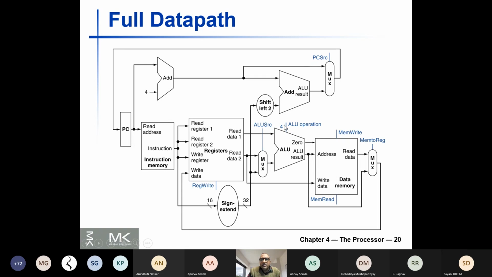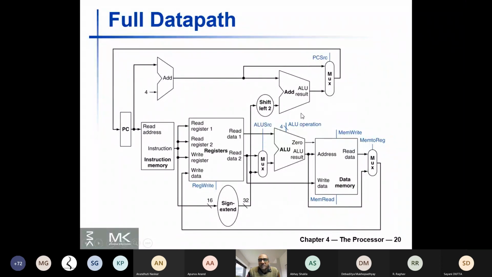Depending on the requirement, we use the ALU sometimes for adding, sometimes for ORing, sometimes for ANDing, sometimes for checking a condition like less than. So the ALU has to be controlled, and therefore we need some control signals to the ALU, so that the appropriate function is implemented by the ALU.